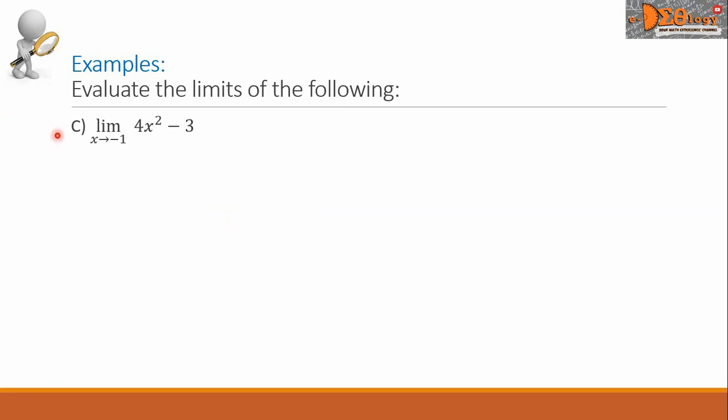This is example C. The limit of the function 4x squared minus 3 as x approaches -1. This is an example of a polynomial function. Let us now evaluate by substituting -1 to the variable x.